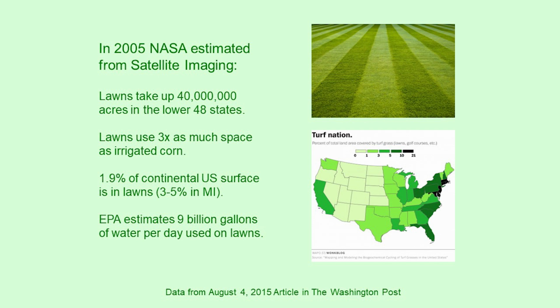Lawns use 3 times as much space as irrigated corn. 1.9% of continental U.S. surface is in lawns, 3 to 5% in Michigan. And the EPA estimates 9 billion gallons of water per day used on lawns. So it's a real problem to have those pretty lawns.